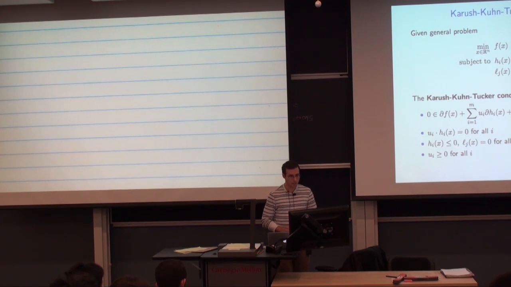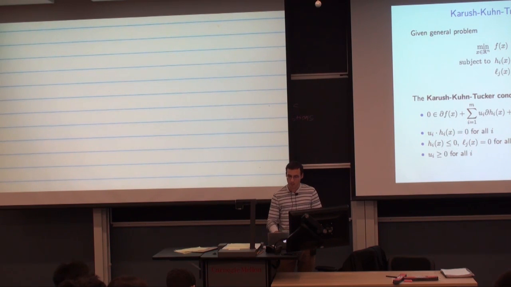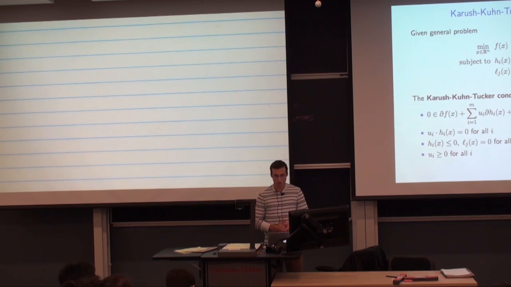So here's our setup again. We have this general minimization problem, minimizing f subject to some inequality and equality constraints. And I'm just going to tell you what they are. The Karush-Kuhn-Tucker conditions, which we often abbreviate as the KKT conditions, are a set of 4 conditions, and they're as follows. The first is that 0 is a subgradient of the Lagrangian.